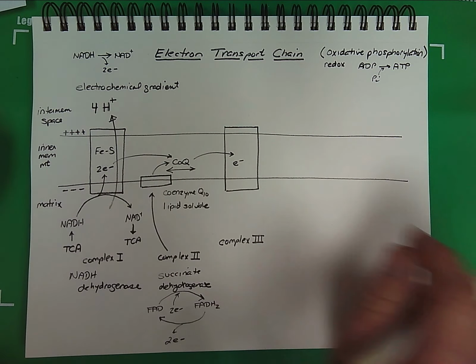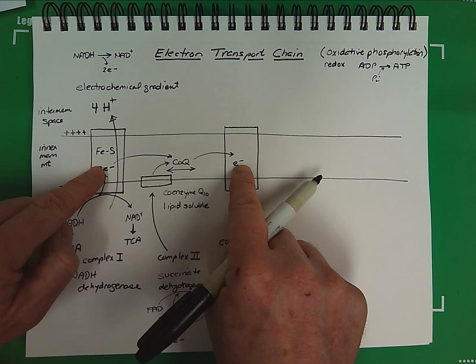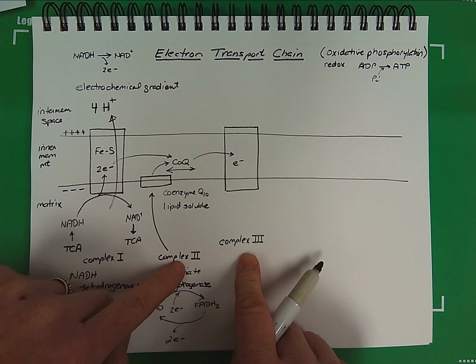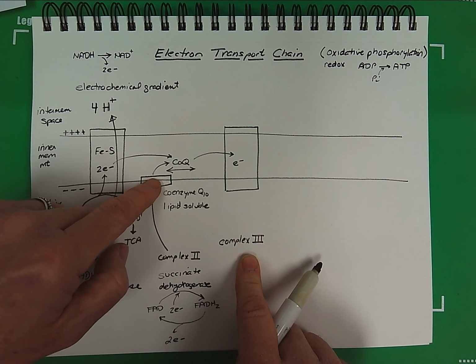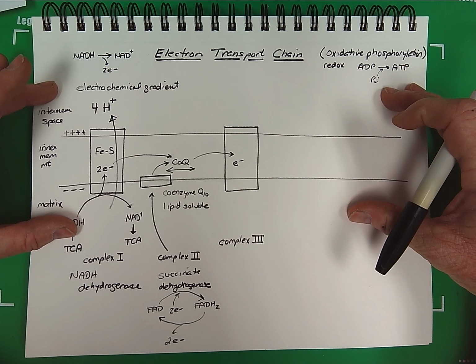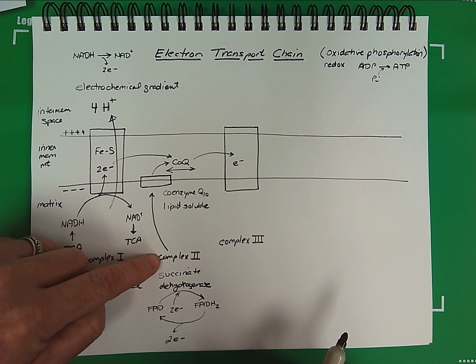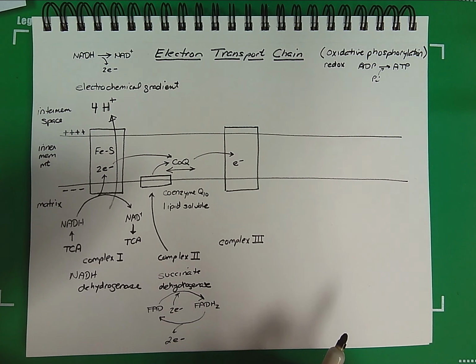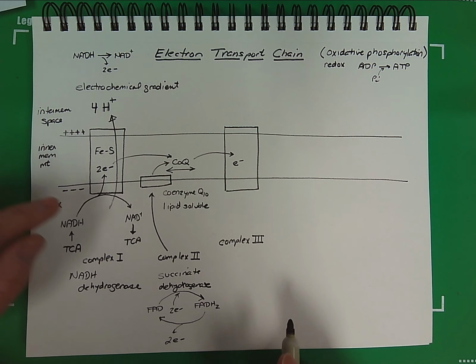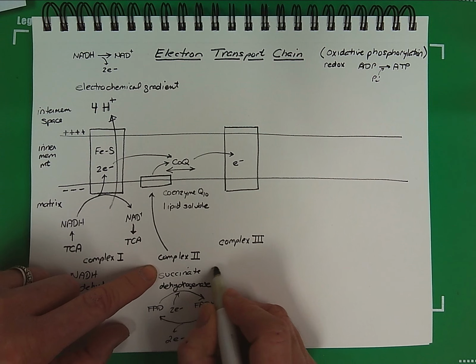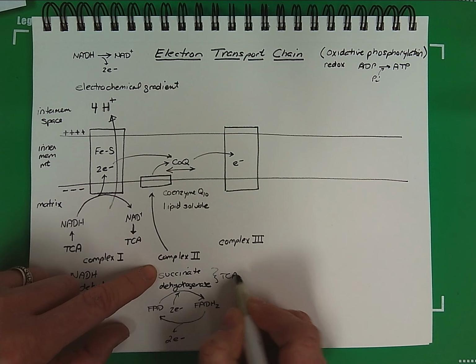You need CoQ to mediate the transfer of electrons between complex 1 and 3. Likewise with complex 2: it was purified and identified as part of this chain, and so it received this name, complex 2, but it actually is not part of the electron chain directly. It's indirectly associated through the TCA enzyme, succinate dehydrogenase.